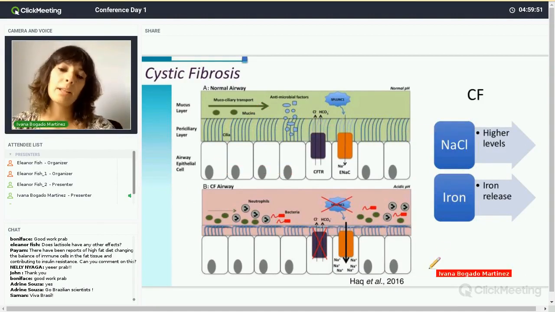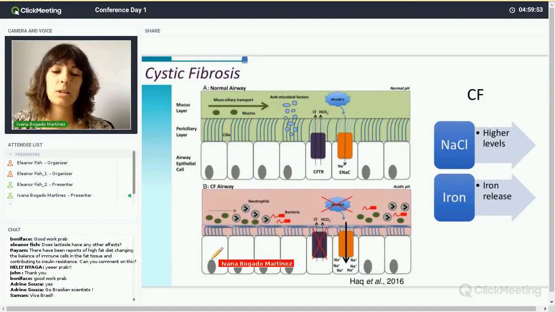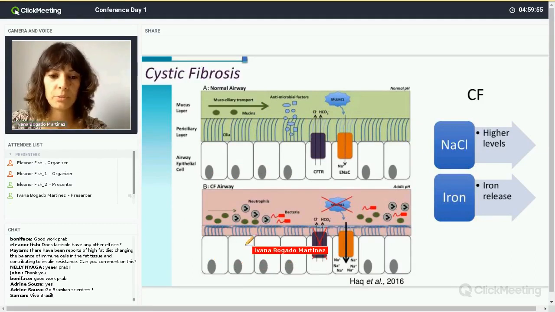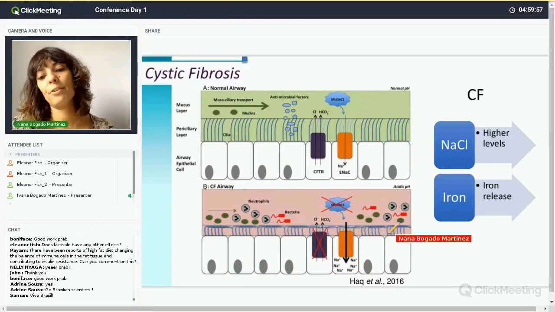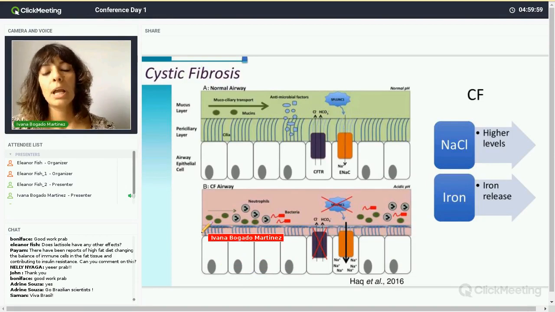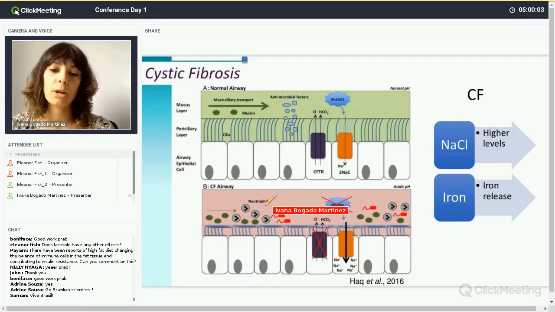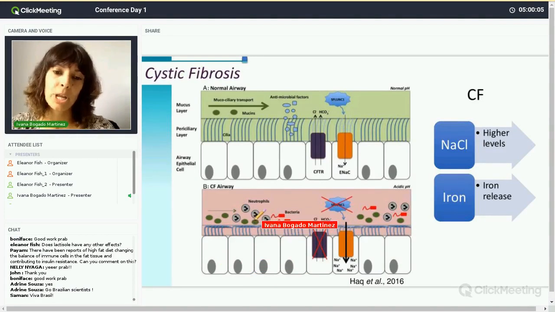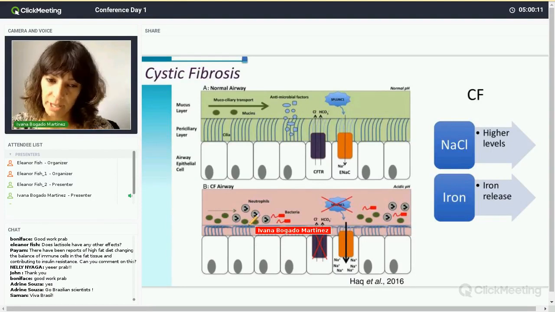The same we cannot find for the lungs of patients that suffer from this disease, that have a reduced mucus layer, and this traps microorganisms that are inhaled and keeps the pathogens here, avoiding the removal by the normal defense and the innate system.